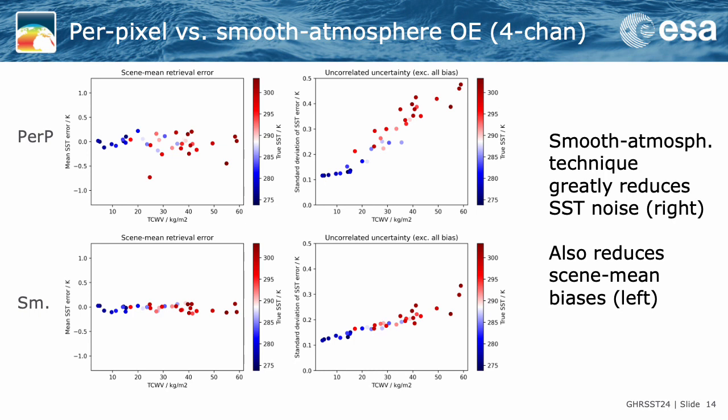But equally striking is the degree to which it reduces the scene mean biases, which are shown on the left. So remember, this is simulating having done bias correction. So these biases in the top left-hand plot don't come from calibration issues, but come from the limitations of the retrieval. And these are greatly reduced when we go to a smooth atmosphere version of optimal estimation.